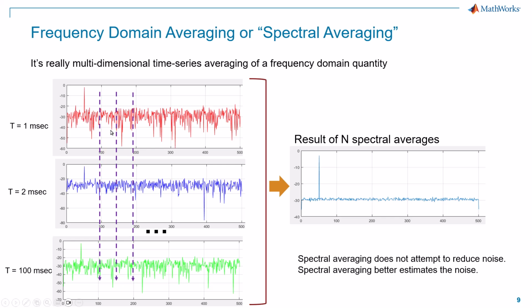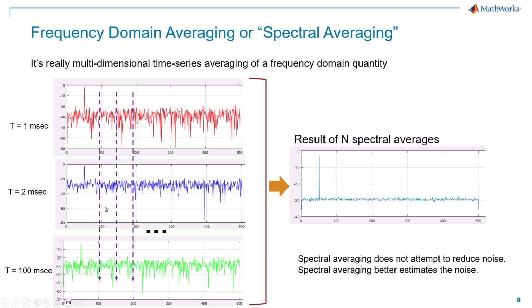We're going to take multiple FFTs, or multiple power spectra. You capture a bunch of time domain data, let's say 1 millisecond's worth, and compute the spectrum of that. Another 1 millisecond comes along, you compute the power spectra of it, and so on. You keep doing that, and you take the energy at each FFT bin, each frequency, and average across time.